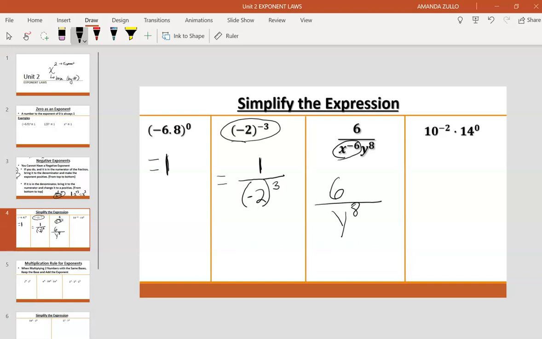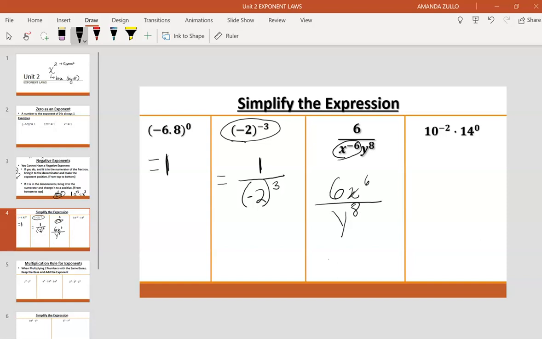Both of these numbers have positive exponents. Even if you can't see it, the exponent here is 1. But this is a negative exponent on the bottom, so we have to move this to the top. So I'm going to put it up here next to 6. So this becomes 6x, and instead of negative 6, it's a positive 6. And that's all you have to do.